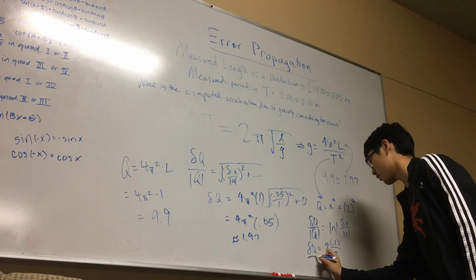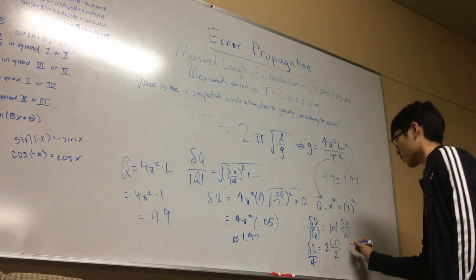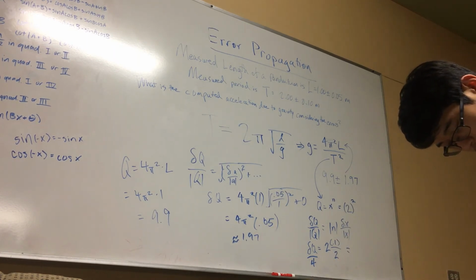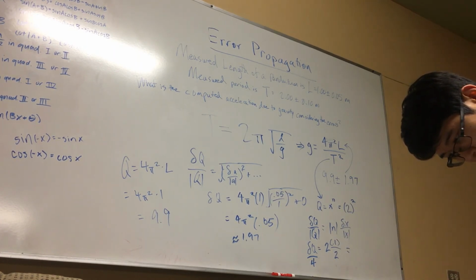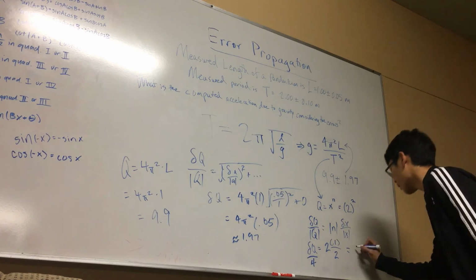I forgot to multiply by q, so this is going to be 4, right? So the error is going to be 0.4.